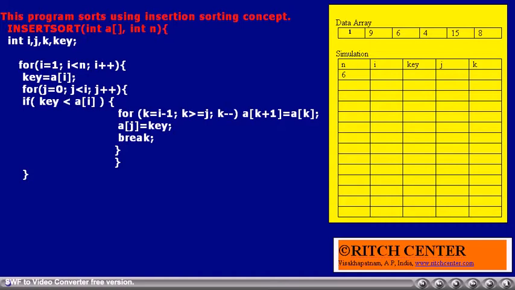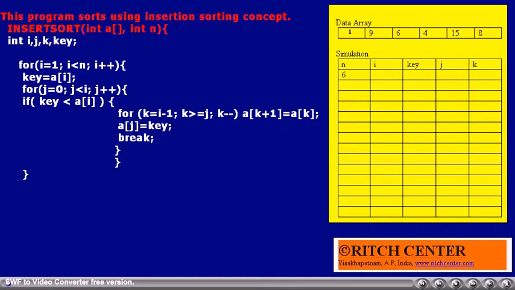Rather, in insertion sorting, we take the ith element and compare it with all the elements before it.